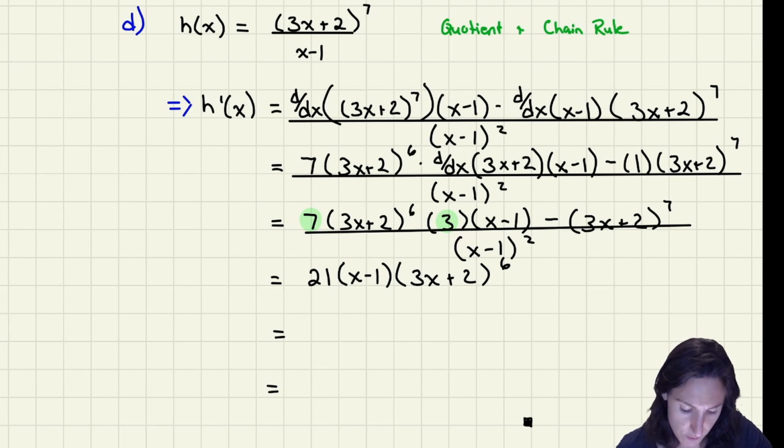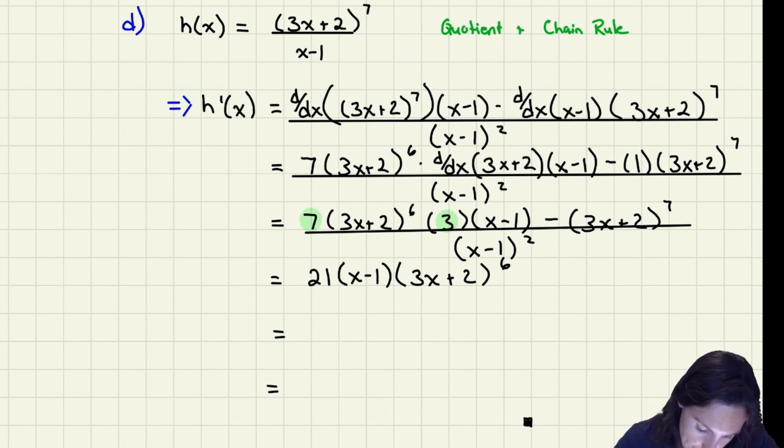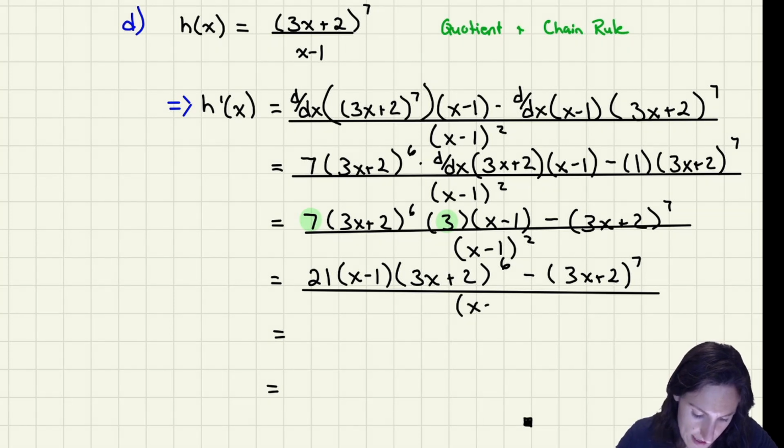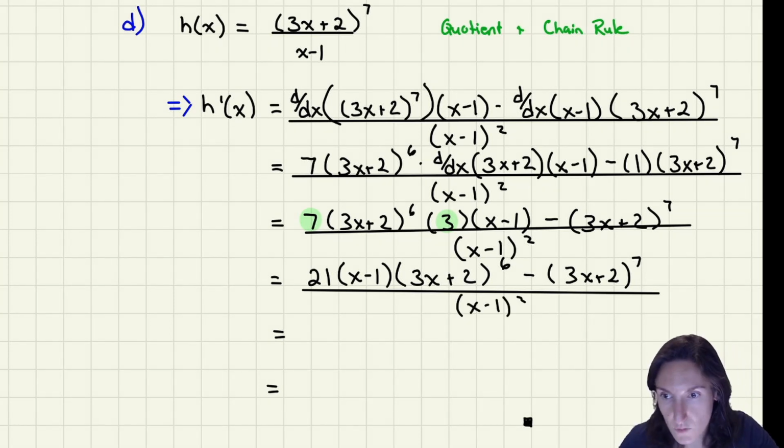You don't have to. If you wanted to write it as 21, and then this part, and then this part, that's also fine. Then minus 3x plus 2 to the power of 7. And then, again, this is all divided by x minus 1 squared.